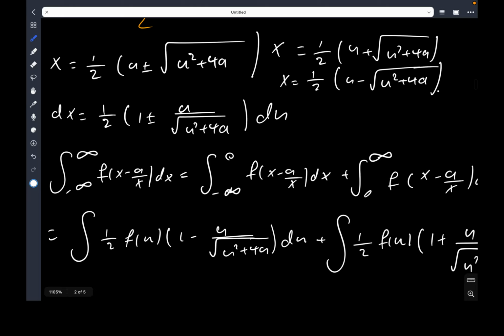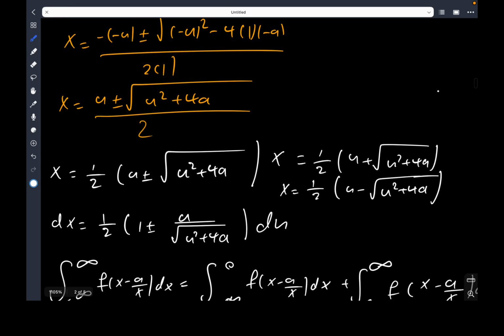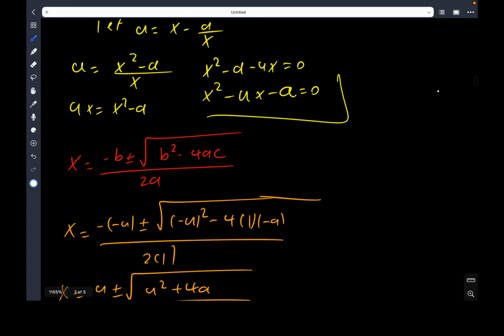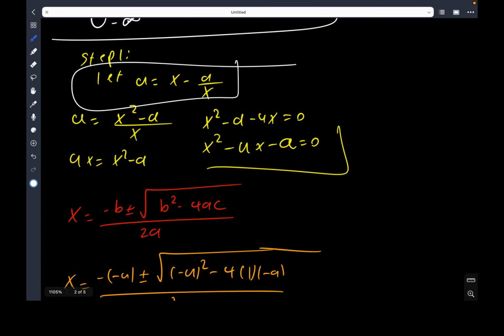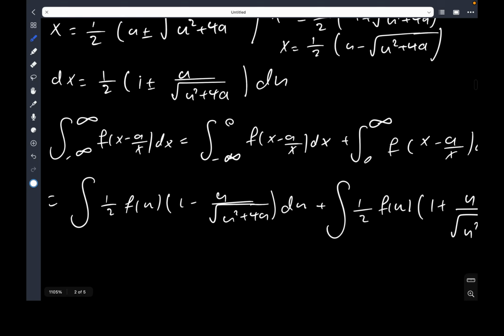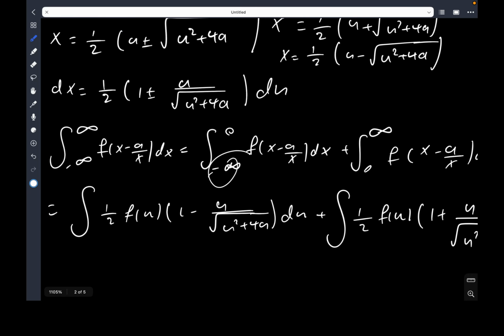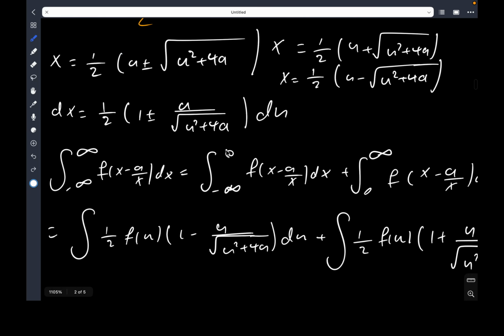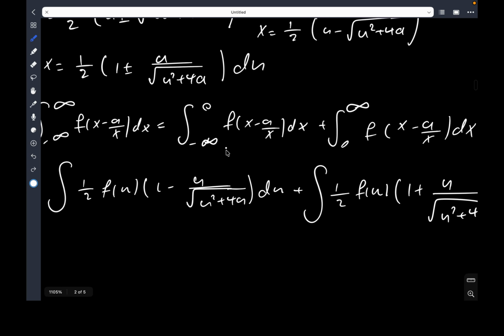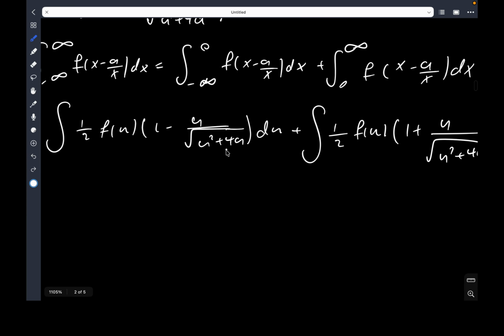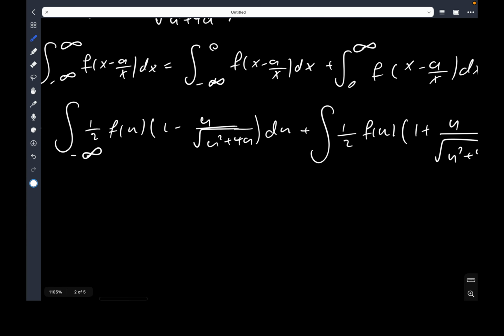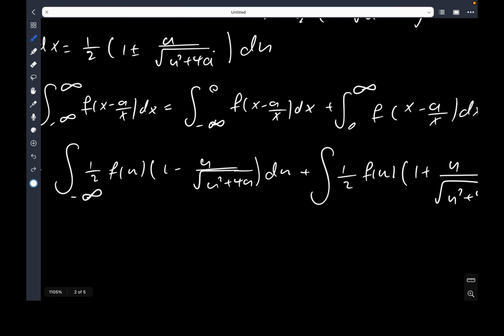If you approach, let me find it here. So this is my u. If my x is negative infinity, you plug in negative infinity here, you're going to get negative infinity, and 0, because we are approaching 0 from the left, from negative infinity.